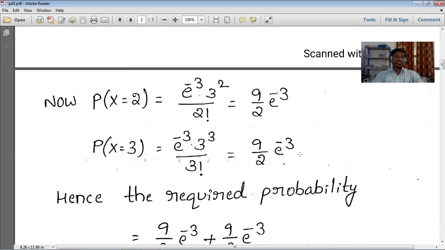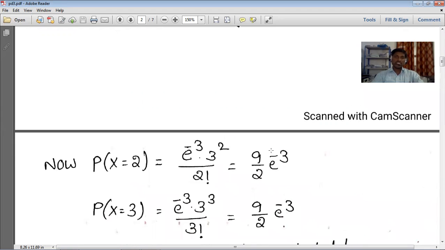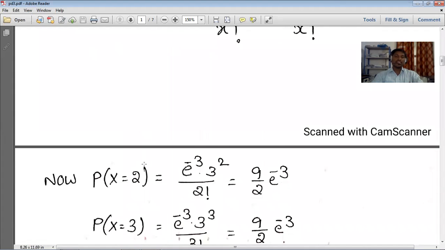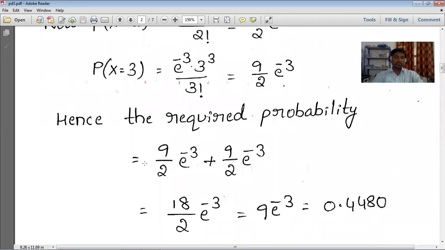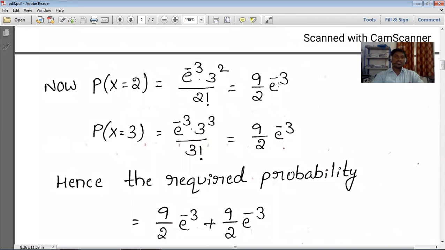Now we require the maximum probability. For that, at x is equal to 2 and at x is equal to 3, as they mentioned, at these two points we calculate and add them, then we get the maximum probability. So we calculated P of x is equal to 2.